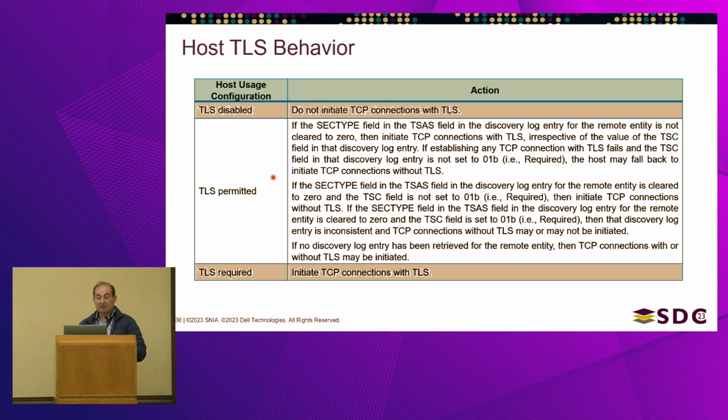If it is permitted, the host will look at a field in the discovery log page, look if the value is 1, or 37 or 72 or 43, it doesn't matter what it is, but basically it will look at the fields in the discovery log entry to figure out what to do, and so establish a TCP connection with TLS or without TLS.